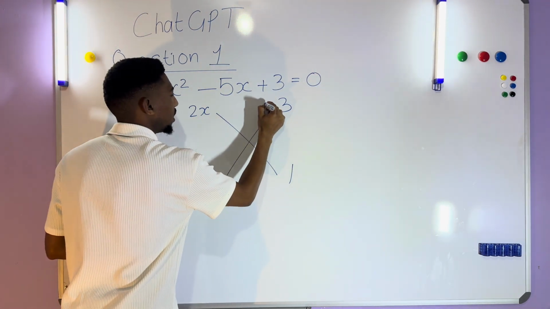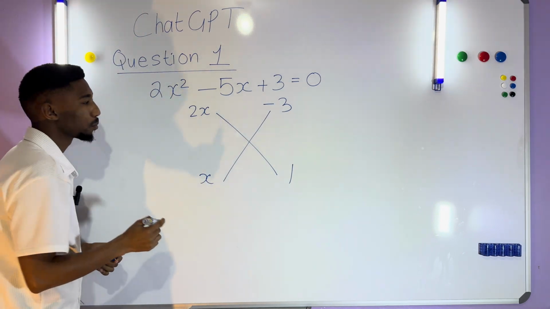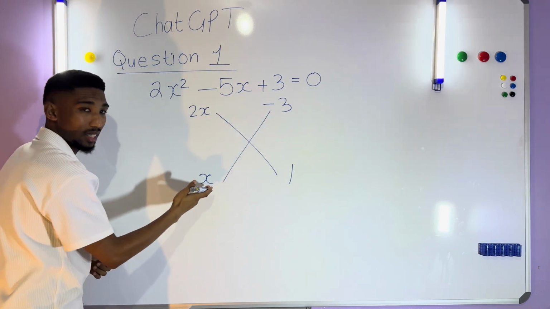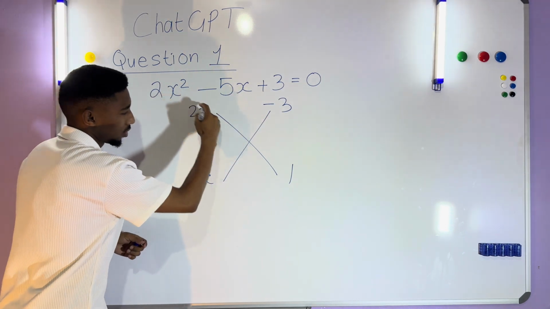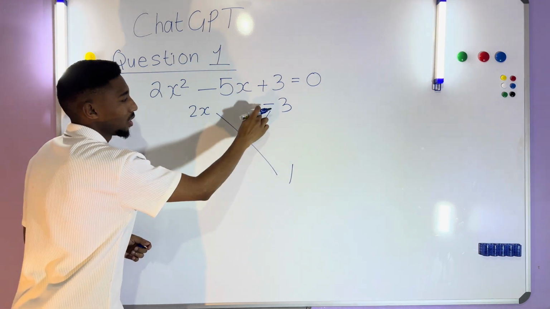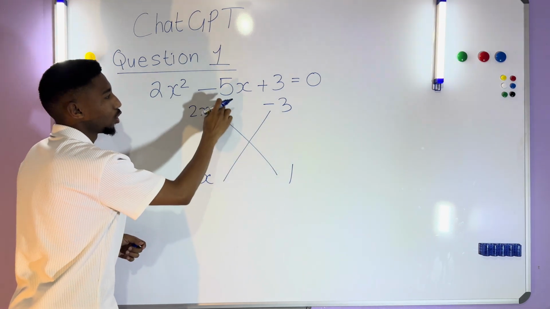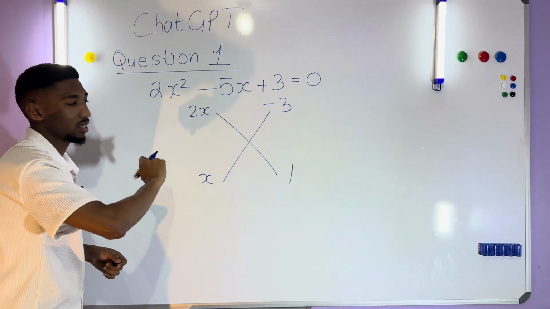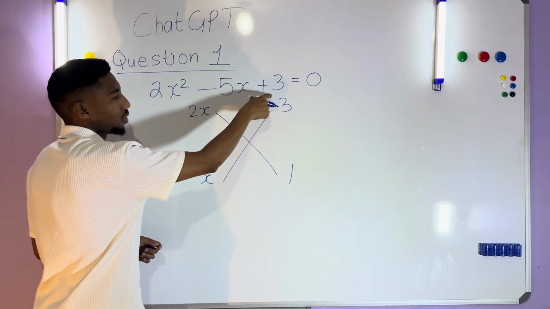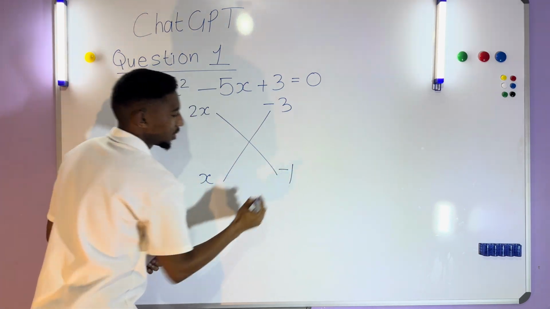So if I add a negative 3 over here, I know that when I multiply across, I get 3x. And when I multiply across on this side, that is 2x. Negative 3x and positive 2x won't give me negative 5x. Also, negative 3 times 1 won't give me positive 3, so I need to change the sign over there.